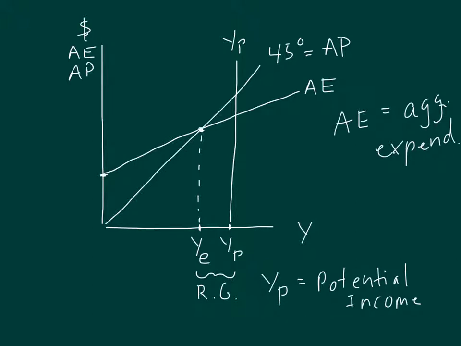This means this cannot be an equilibrium. Because production is higher than spending, inventories will build up. Inventories building up means that firms will cut back on their production. As they cut back on production, they will also be cutting back on the income that they create, and of course we go back to this equilibrium income. So you see that YP is not going to be attained with this aggregate expenditures curve the way it is.